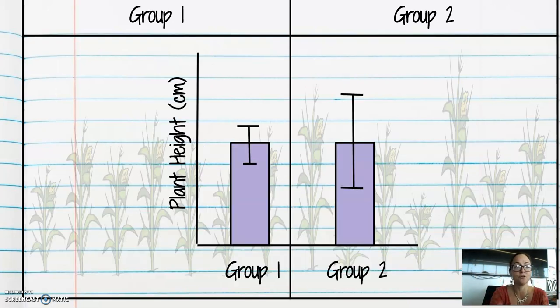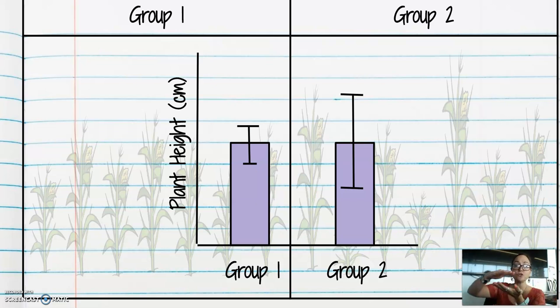Okay, so this is helpful because when you look at just the average, it could very well be that group 2 and group 1 calculate to have the same average height. However, if you only had bar graphs, you would think those two groups were the same. But when you add the standard deviation to your graph, you can see how in group 1 the standard deviation is smaller, so that tells us that more of the sample was close to the average.